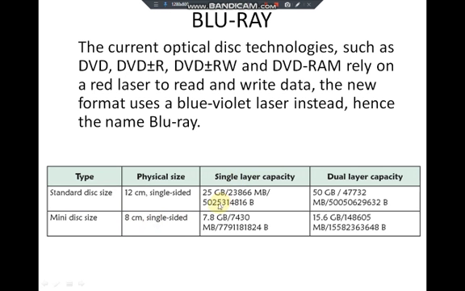Stacked means they are placed one over another. Data is recorded by magnetic heads as tiny magnetic spots on the tracks, which are further divided into sectors.